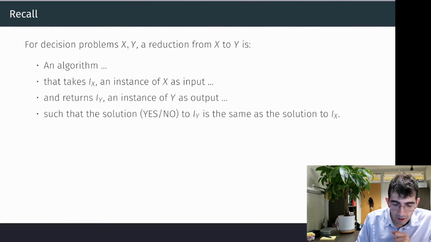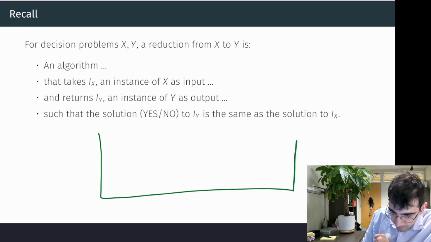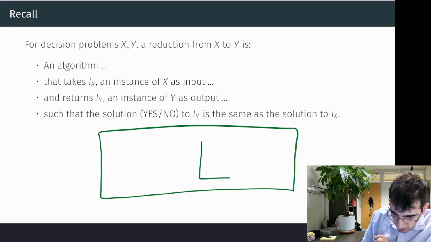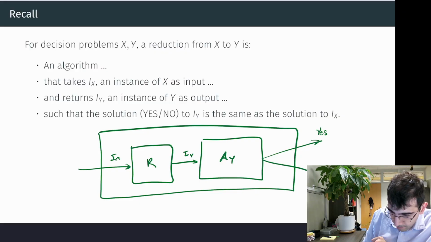Remember the reduction diagram: IX, IY, yes, no. Okay, this is what this is saying.